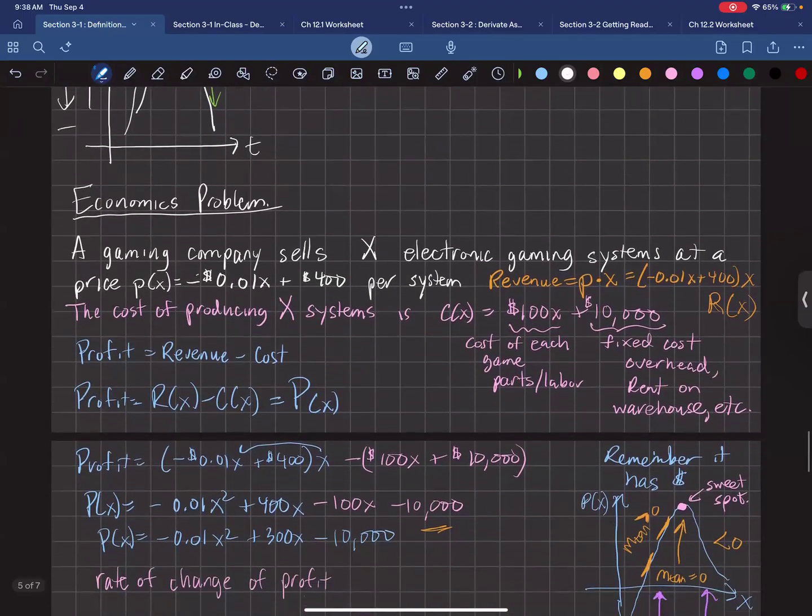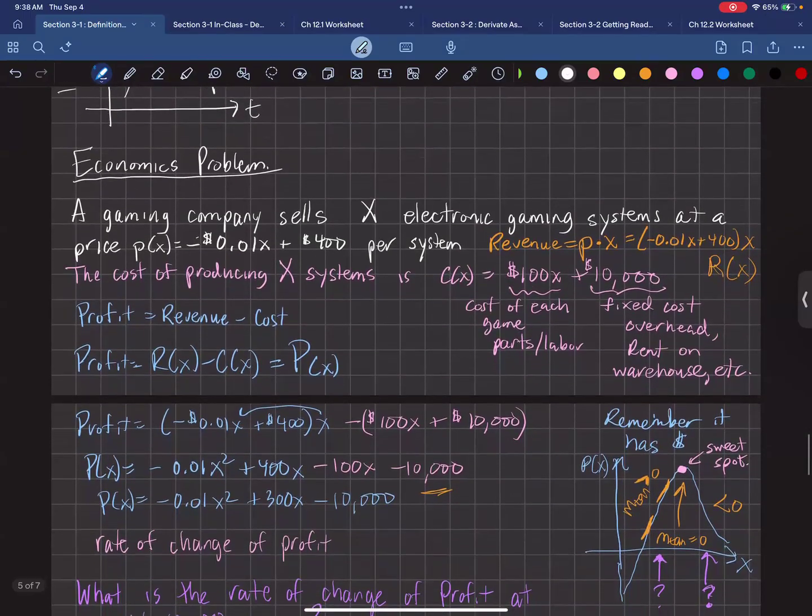Then I've got an economics problem. Let's say a gaming company sells x electronic gaming systems at a price P of x equals negative 0.01x plus $400 per gaming system. That's the price they sell it at, not the cost of producing the games.